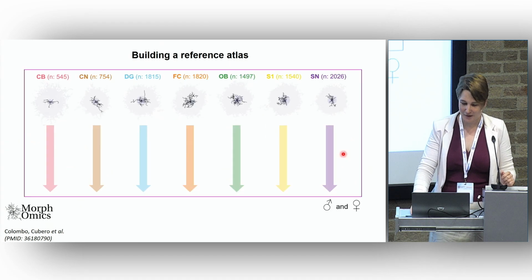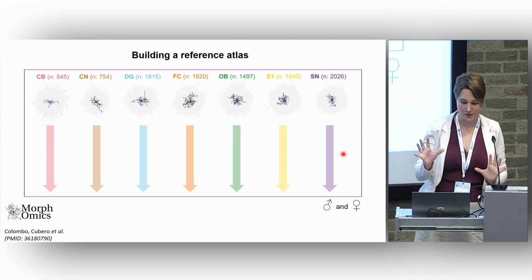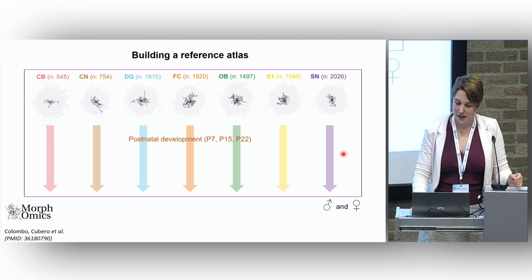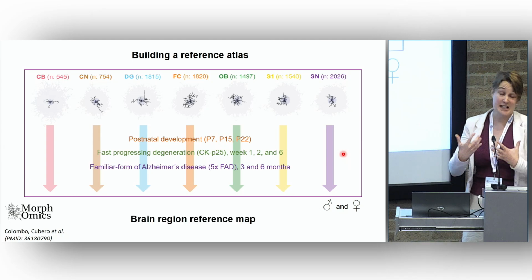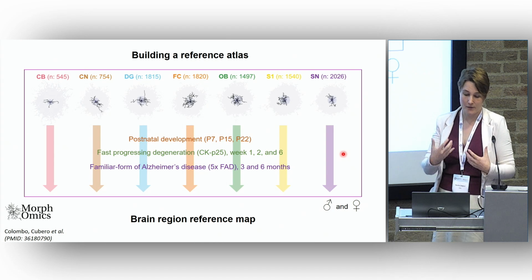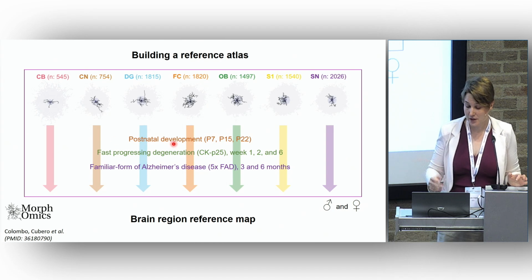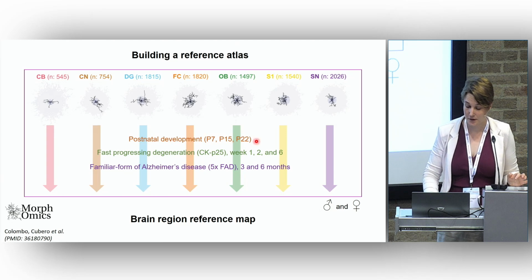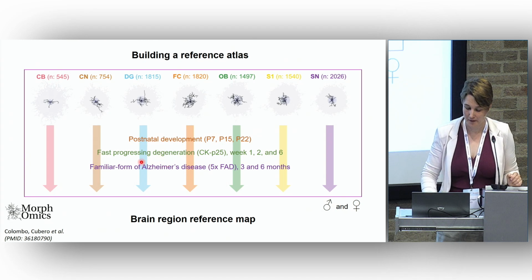Now, having said this about building the reference atlas in adults, where we differentiated male and female, we started to look further into the different activation states existing in microglia morphology. We looked at postnatal development, using three time points, P7, P15, and P22, and two mouse models associated with neurodegenerative disease.